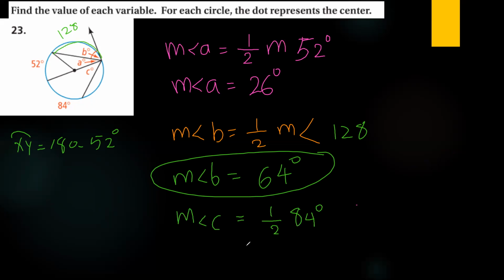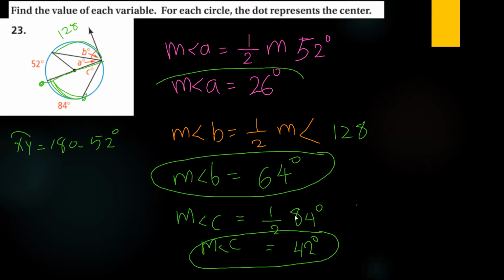This is the angle here. So there are the points here and here. Between these two endpoints, we have this arc, which is 84. So half of 84 is 42 degrees. So the measure of angle C now is 42 degrees. And the measure of angle A is 26. And the measure of angle B is 64.